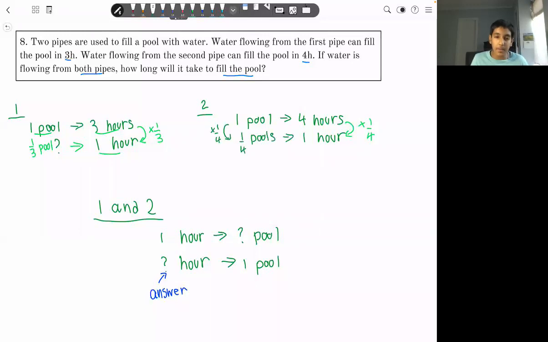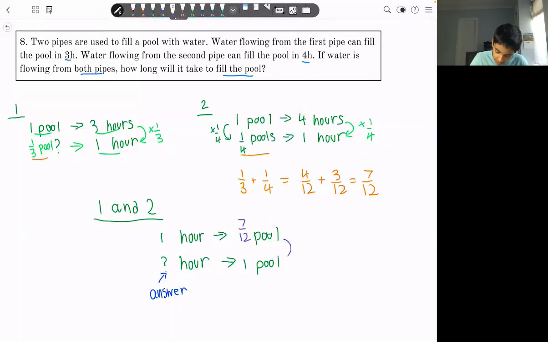And then combined, how much? The first pipe can do 1/3 pool in an hour. The second pipe can do 1/4 pool in an hour. So combined, they can do 1/3 plus 1/4 pools in an hour, which is 4/12 plus 3/12, which is 7/12. So in 1 hour, they can do 7/12 of the pool.